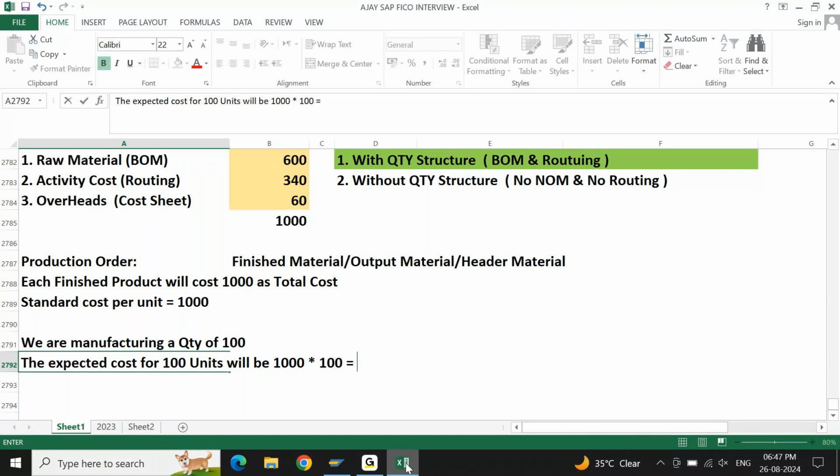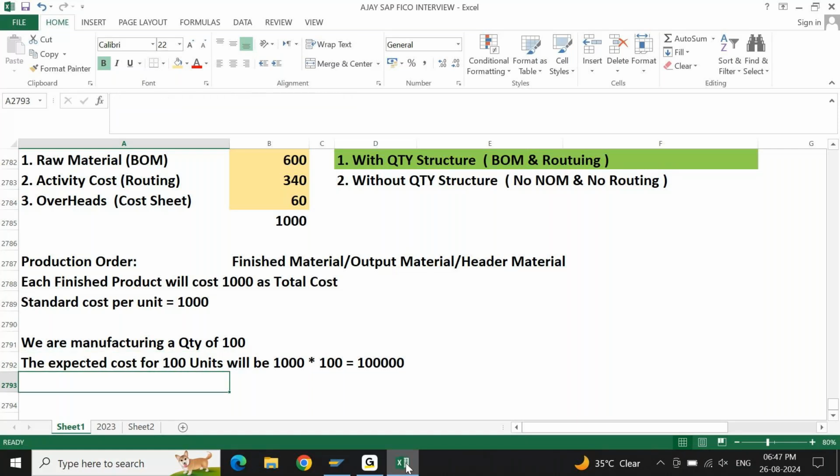Yes. What will be the amount? Is it 10,000 or 1 lakh? 1 lakh. Is the number of zeros correct? Yes, correct. This is my 1 lakh. Now, what is this 1 lakh called as?